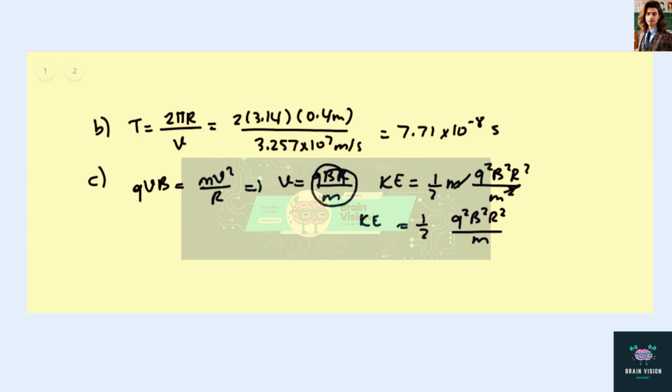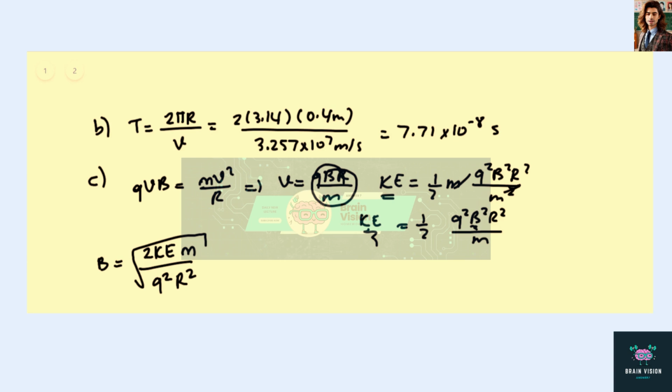So now from this equation, we're relating the kinetic energy to the magnitude of the magnetic field. If we isolate B out of the equation, what would we get? We would get 2 times the kinetic energy times the mass divided by q squared r squared, and the square root of everything, for a given kinetic energy.